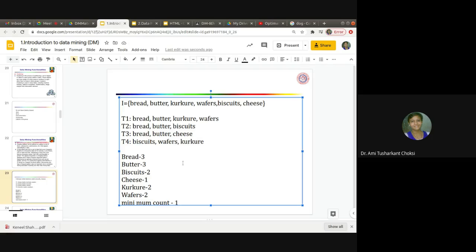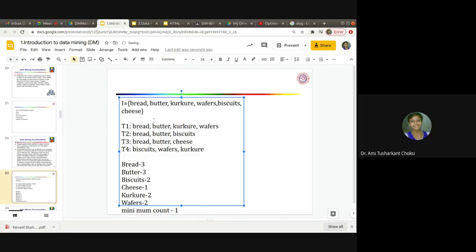So now if I want to find for 2 items, then what should I do? Say we have the pair of bread and butter. Then can we say that bread and butter are available once, twice, thrice? So you can say the combination, that is the items which are appearing together, for them we can say that bread and butter are frequent items, right?